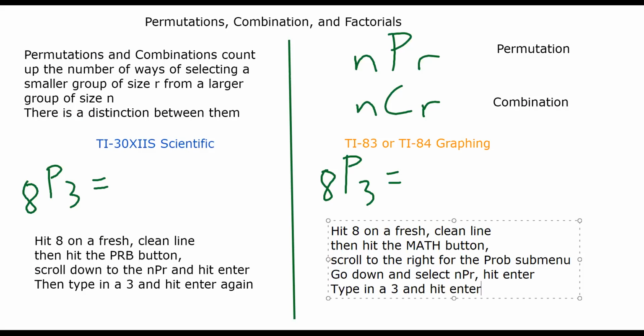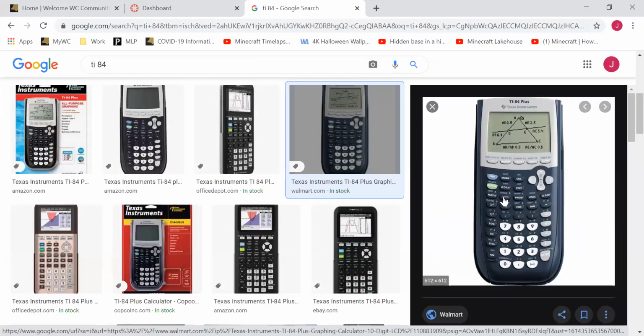And that's how you're going to do it on the graphing calculator. The math button should be right near the top left under the alpha button. You just hit it straight up, but after you've typed in your 8 first.